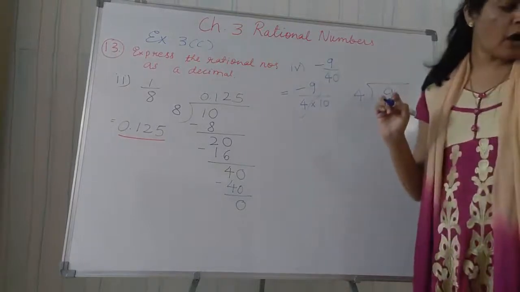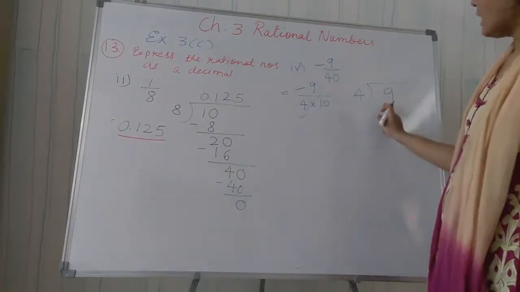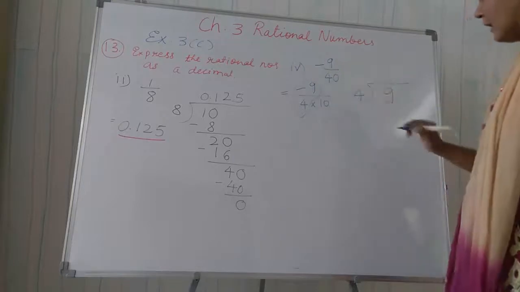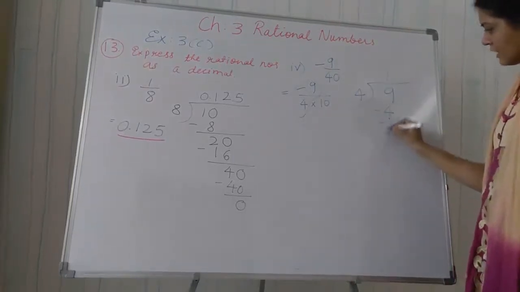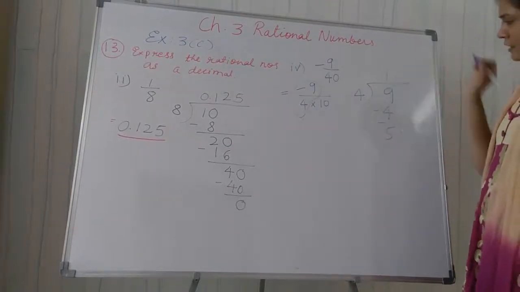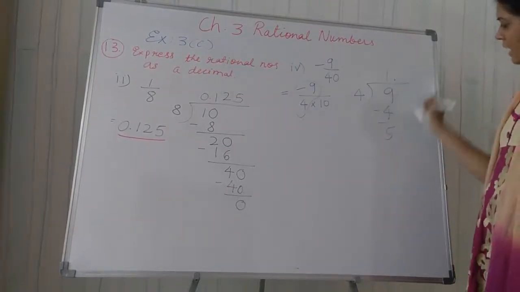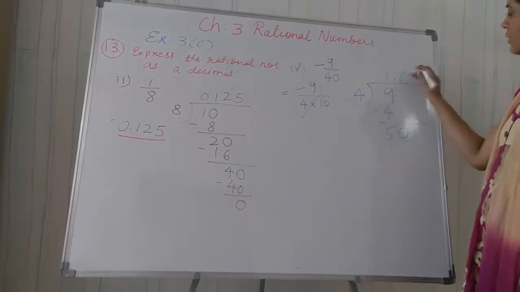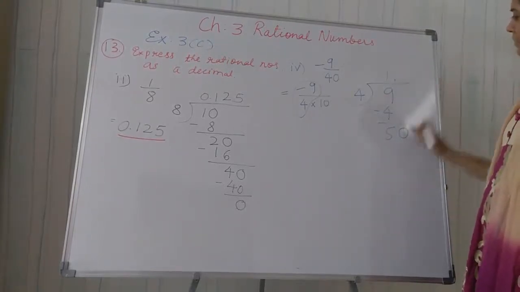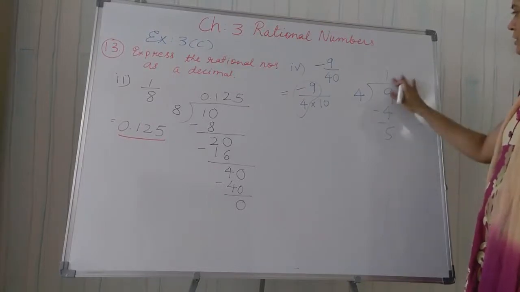So I will show you how. You see, ये 9 को हम 4 से डिवाइड करते हैं, तो 4 2s = 8, फिर 1 रह जाएगा, फिर पॉइंट रख देंगे, तो यहाँ पे 0 लिख सकते हैं.